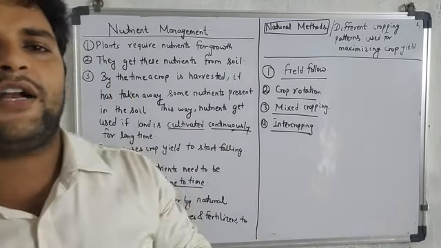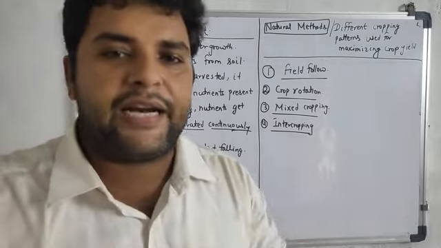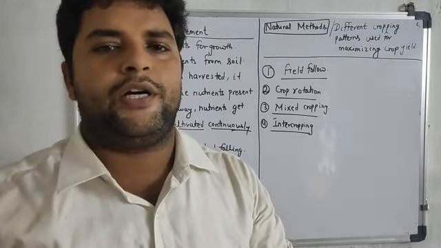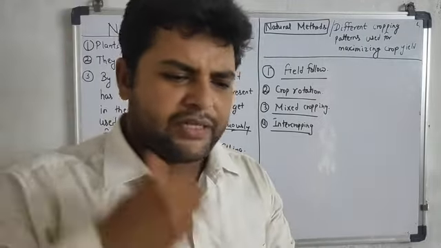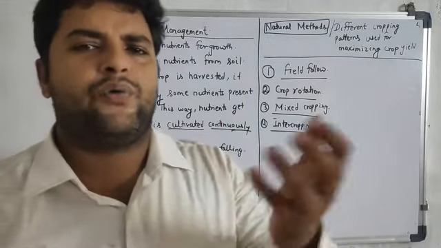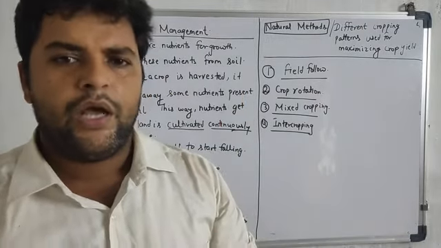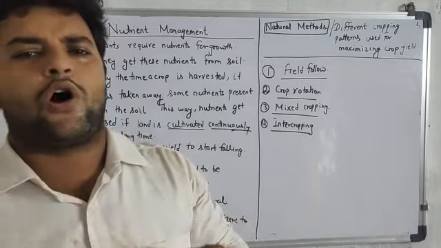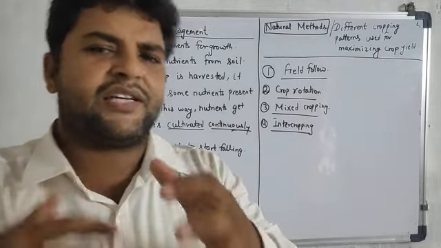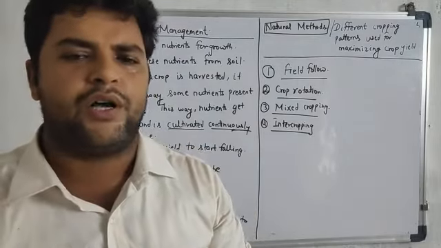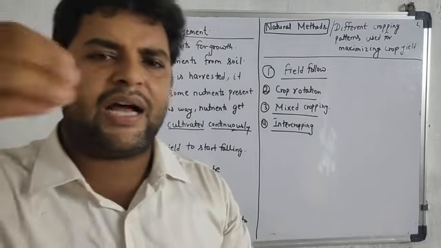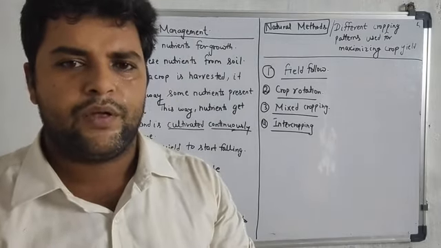There are so many techniques that can be employed. Suppose there is a crop, for example we are discussing wheat and paddy. These two crops really require a large amount of nitrogen from the soil.